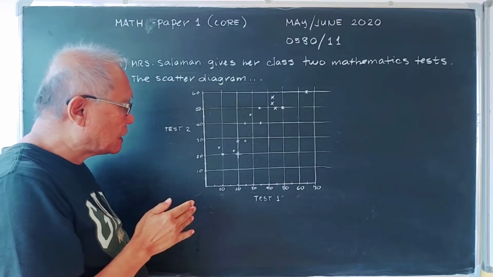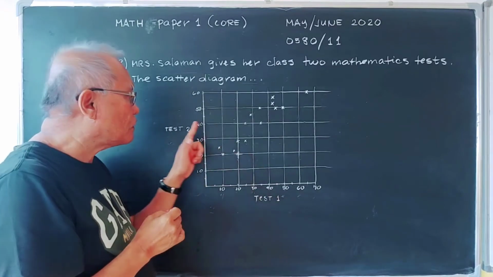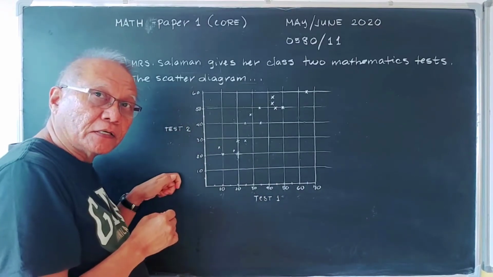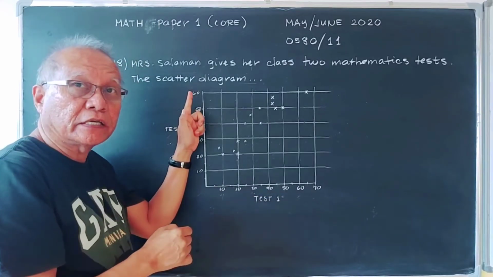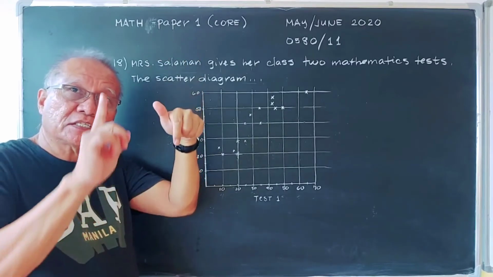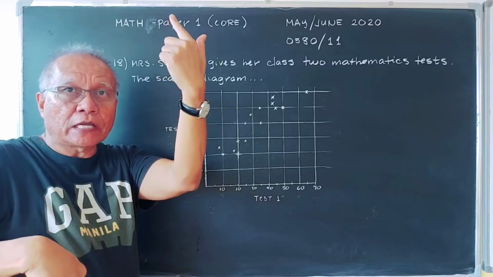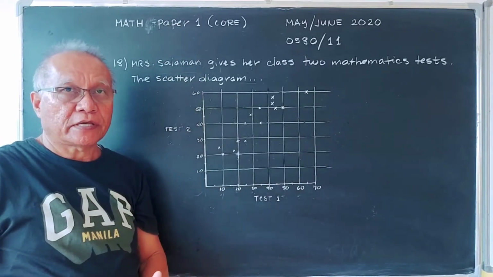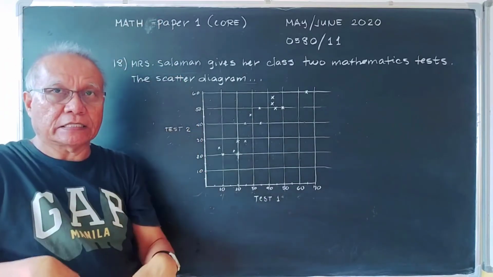It means that when the first quantity increases, the other one decreases. So if this one is decreasing, the other one is increasing. For negative correlation, the first quantity is increasing while the other one is decreasing. While in positive correlation, they are both increasing or both decreasing.